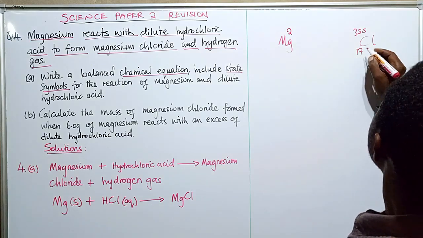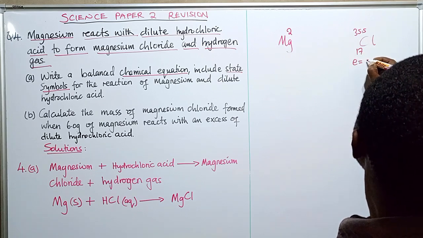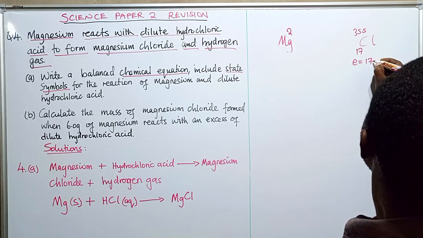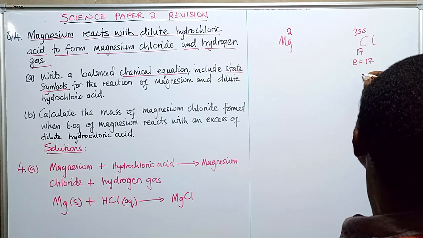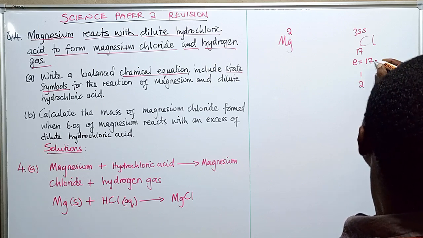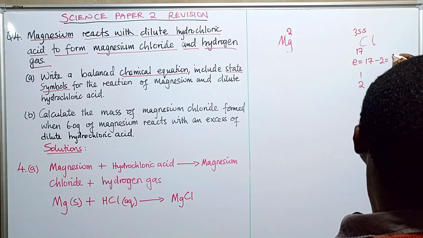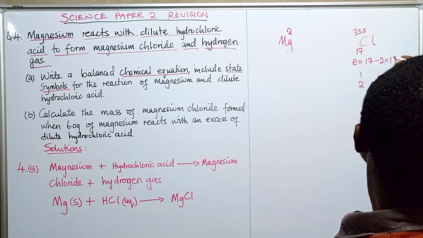So it means chlorine has a number of electrons which is 17. Now, how do these electrons sit? In the first shell, it should get 2. So from 17, when you remove 2, you remain with what? You remain with 15.